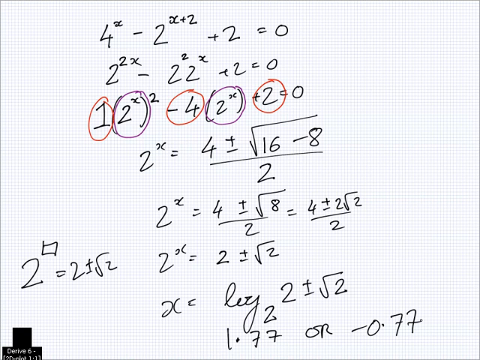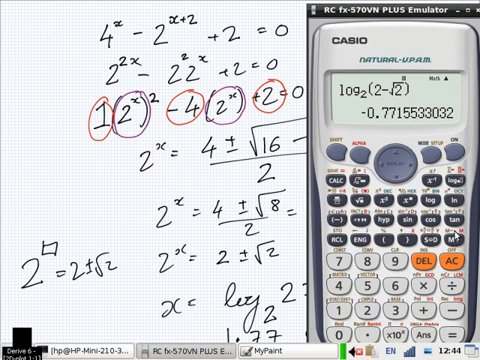Now look, these numbers are a bit strange. If this was an exam, you should be thinking, perhaps I made a mistake. So to reassure yourself, we should sub in one of these values back into the original to see if we do indeed get 0. So it's 4 to the power of the number I just got, minus 2 to the power of the number I just got, plus 2, plus 2.